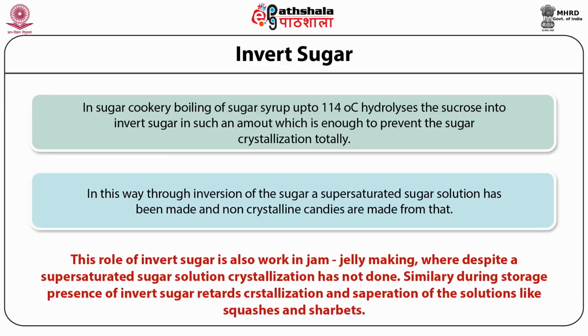This role of invert sugar is also at work in making jams and jellies, where despite a supersaturated sugar solution, crystallization does not occur. Similarly, during storage of these products, the presence of invert sugar retards crystallization, and separation of the solution in products like squashes, sherbets, jams and jellies is checked.